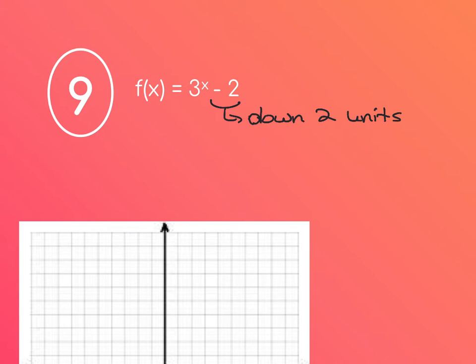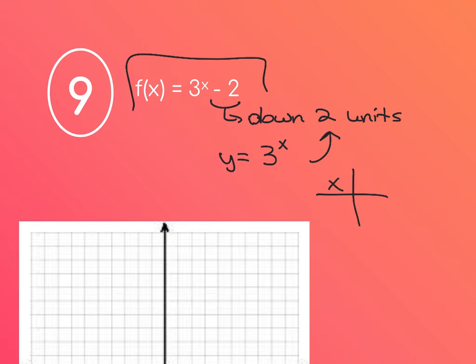So let's go ahead. Now, instead of doing a whole t-chart for this whole function, I am going to graph just the 3 to the x power. And then I'm going to shift my points 2 units down. So easiest way to do it is just do the t-chart, just plugging in a 0 and a 1.